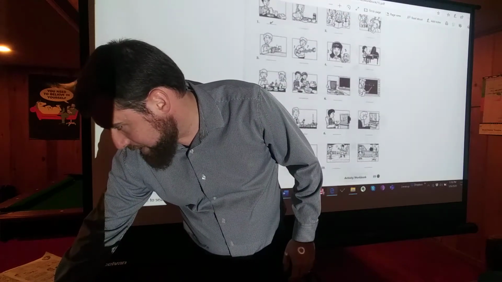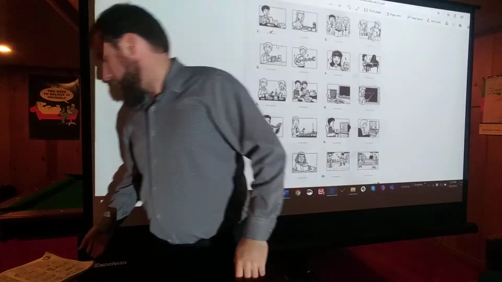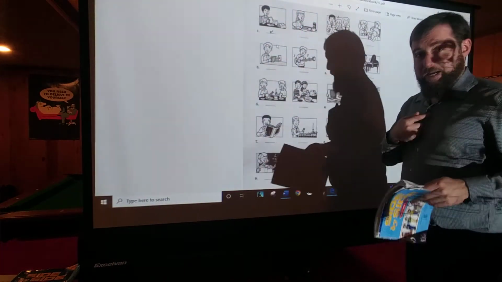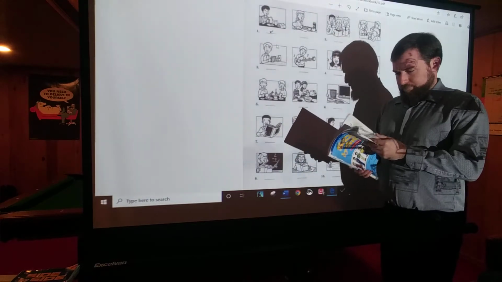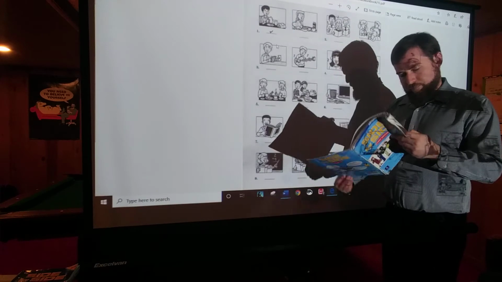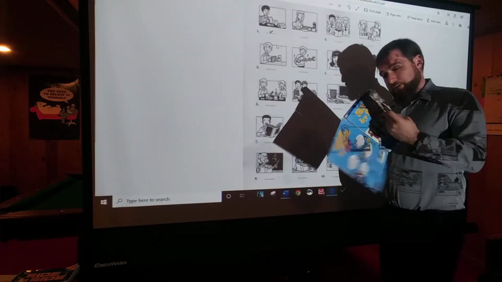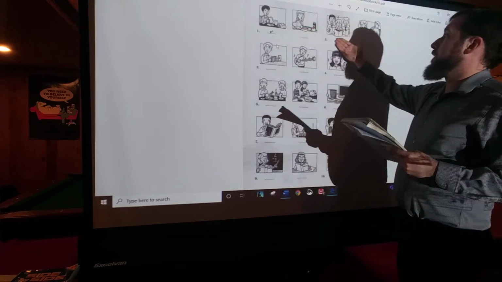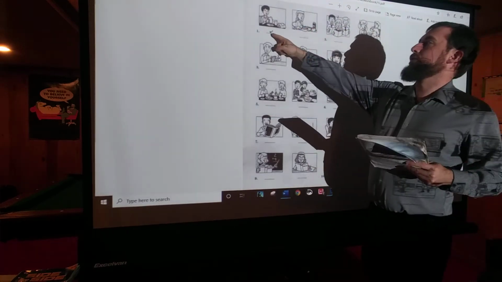We have this listening exercise, which means you are going to fill this in while I talk. This is page 15, I think? Yes. All right. So I'm going to read, and you are going to put a check under the correct picture.